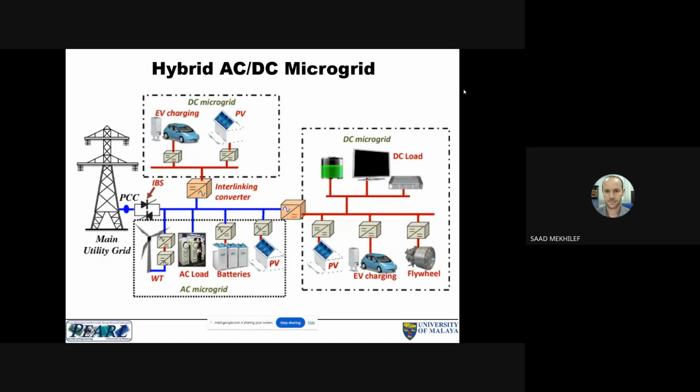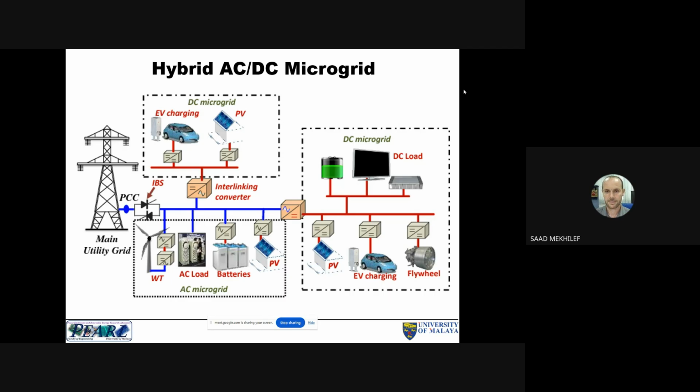So this is the first difference. When we say hybrid, it can be interconnected microgrids, but the main important component in a hybrid microgrid is that it has to be AC and DC. It's two types.